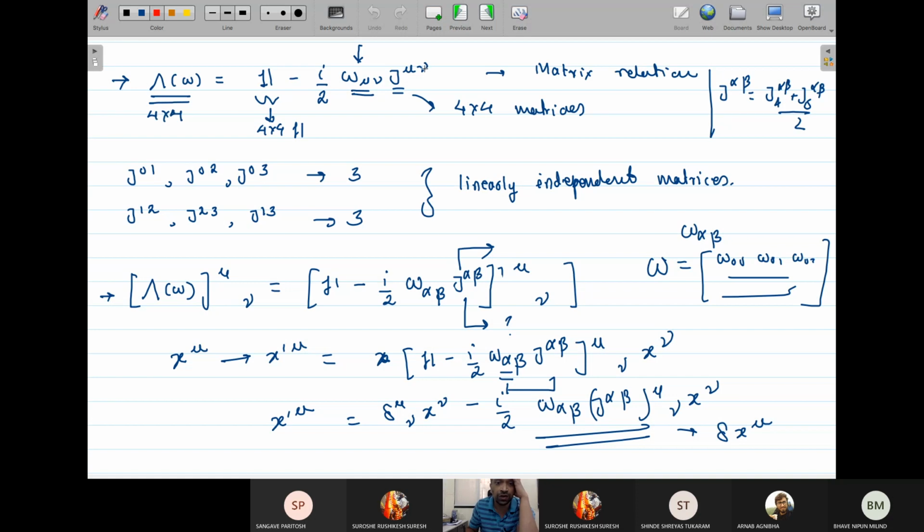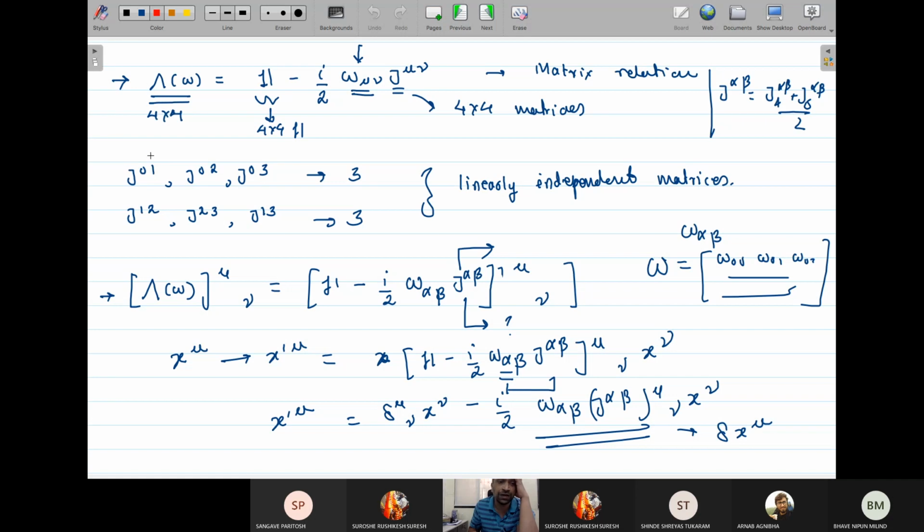Not as a matrix, not in the entries of matrices. This J01 is a 4 cross 4 matrix. If I write J10, that itself is a 4 cross 4 matrix. So this 0 and this 1 do not represent the entries of the J matrix.